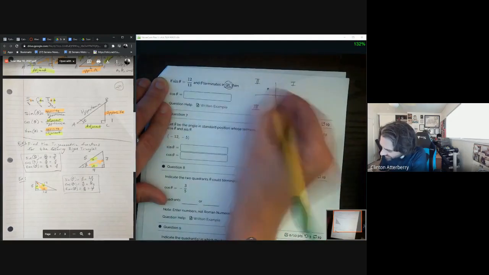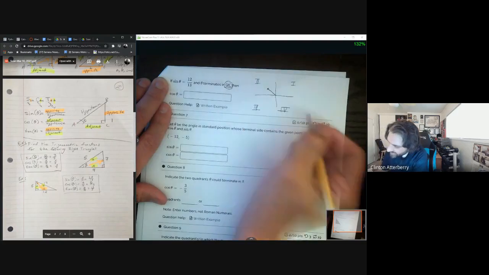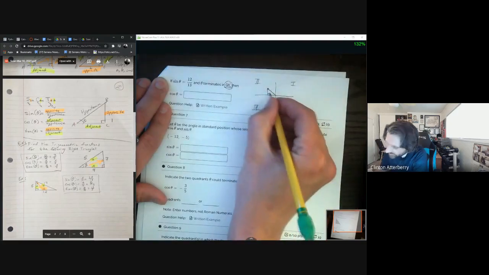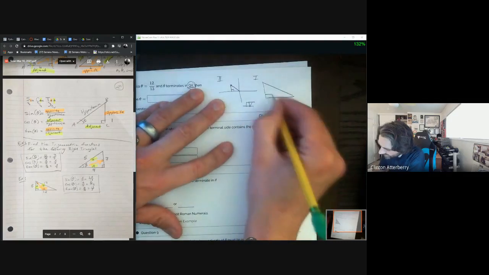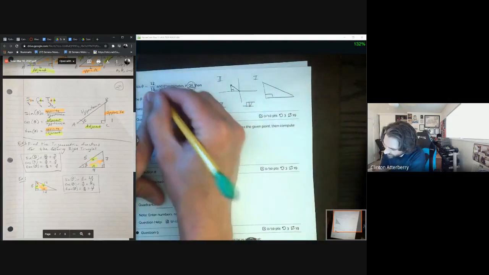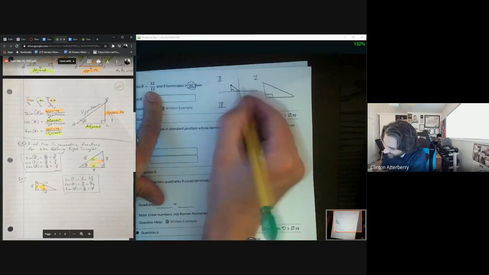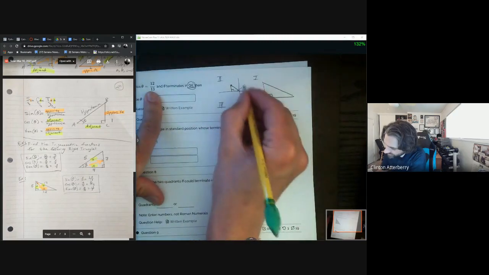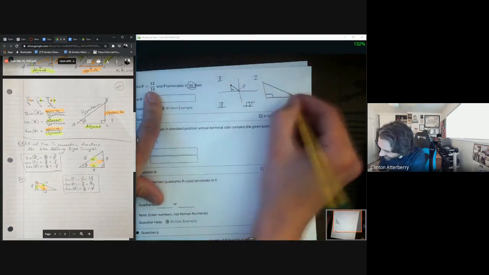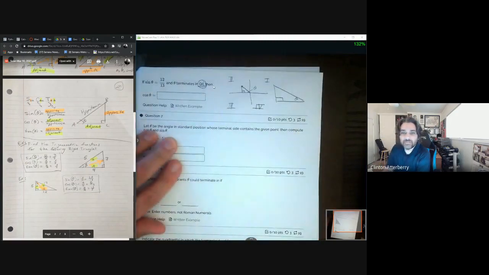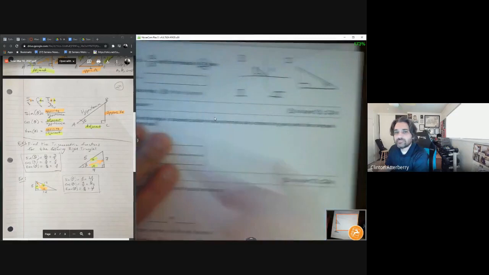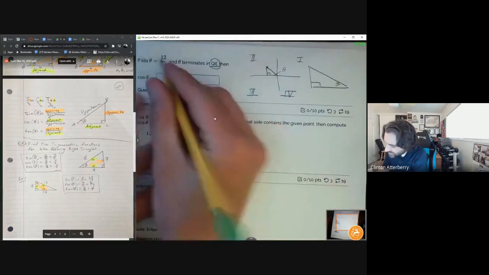That means you'll have some dot over here, and it makes a right triangle like that. Okay. So it says sine is 12 over 13. Whenever you draw a triangle on here, the angle in a regular standard position always goes in this little corner. So it says sine is 12 over 13.